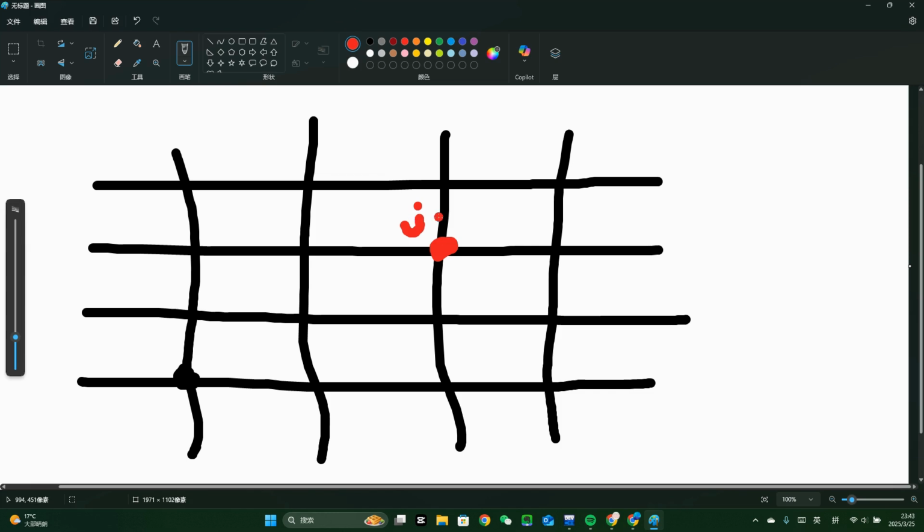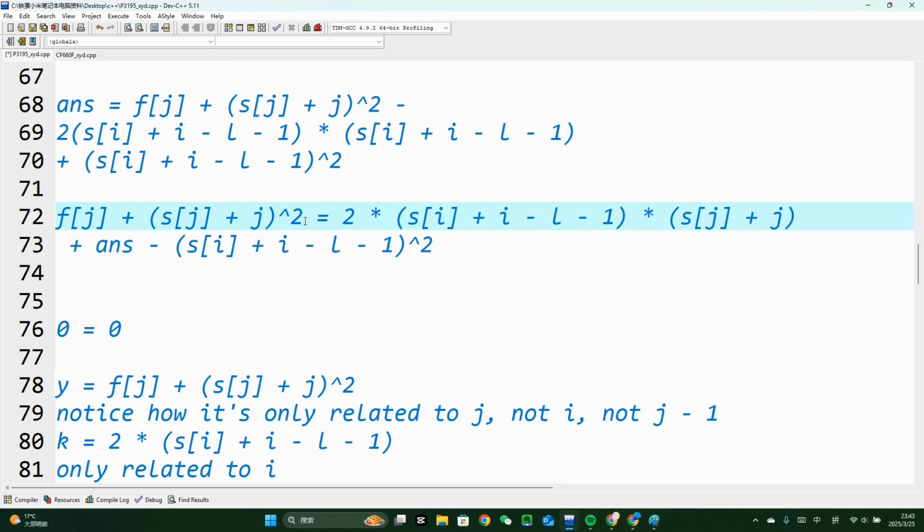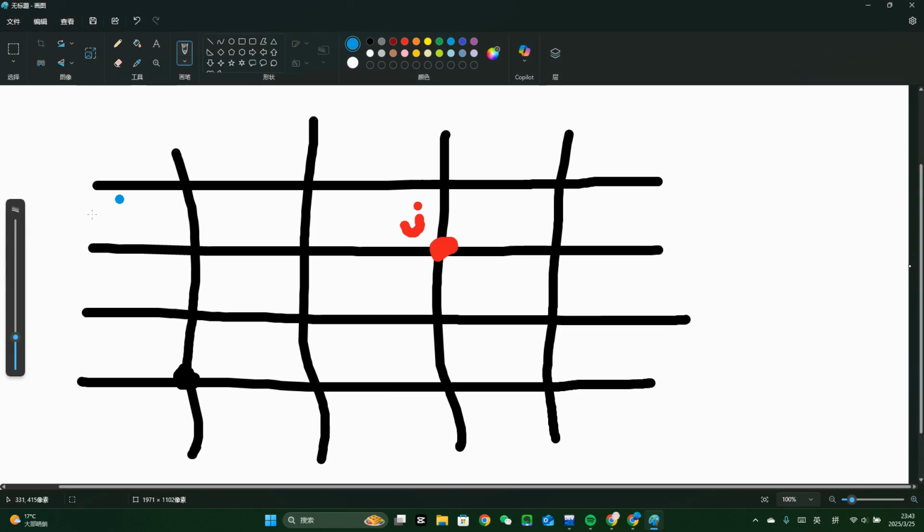And we know that for each J, we can find a point on the coordinate grid with it because the x and y value are all only according to J. And we know that for each I, we can find a slope without knowing what the J is. So say we just have a line here, right, of this slope.